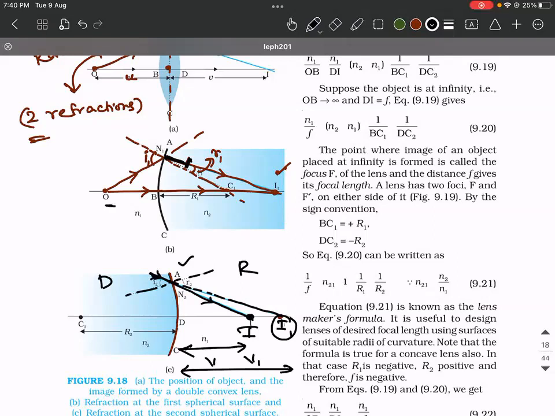This distance will be U. The distance between the optical center and I1 is considered V, and the distance from the optical center to O is considered U.